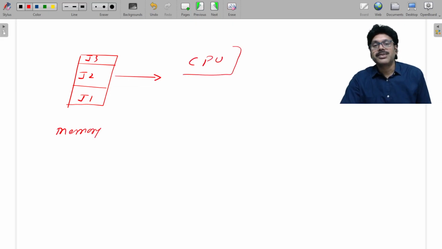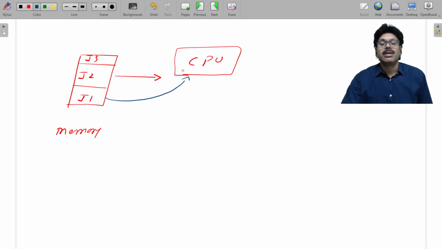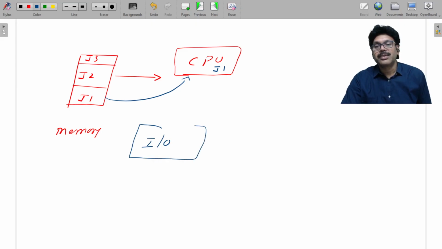According to first come first serve, job 1 is given to the CPU. So the CPU is running job 1 right now, and job 1 needs IO. Job 1 needs IO time.